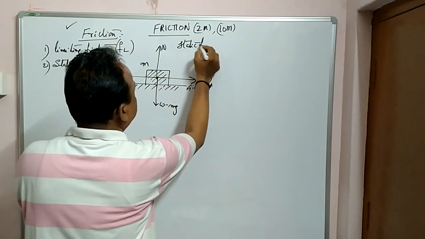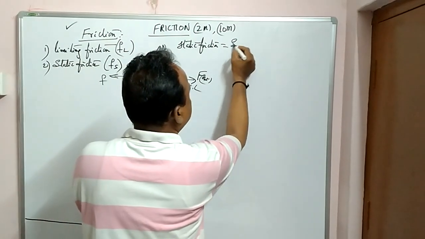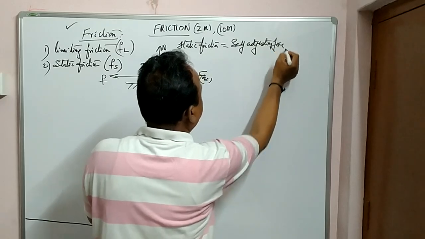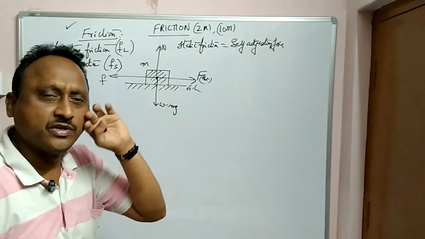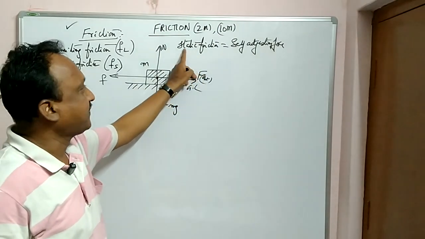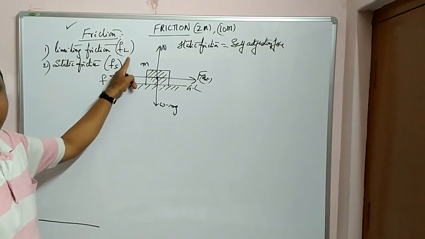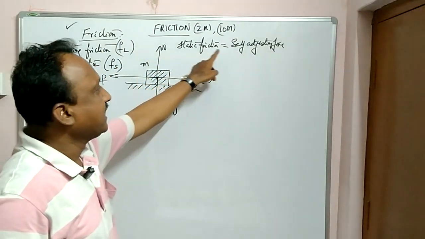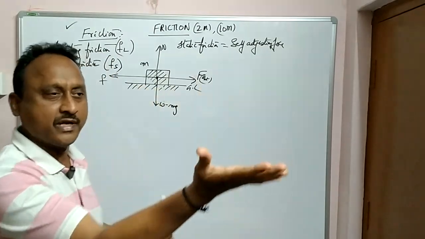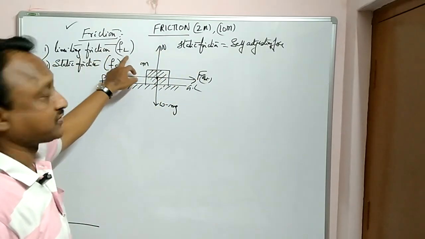It is called a self-adjusting force, meaning it adjusts according to the force acting from the other side. That is why it is called static frictional force. You don't have any separate formula for that one. We have a formula only for limiting frictional force, FL. Static friction is a self-adjusting force: depending upon whatever force is acting on the body from outside, it will adjust accordingly. But we have a limiting friction force formula.